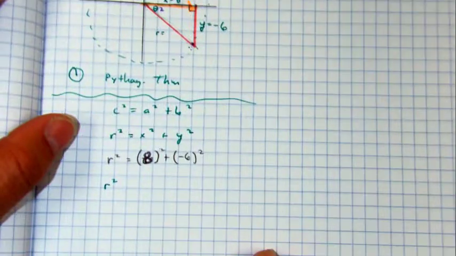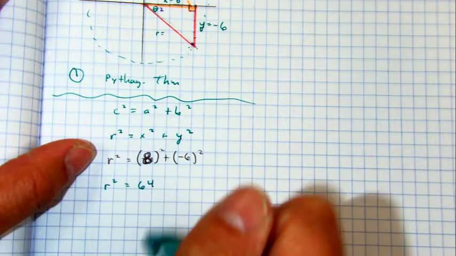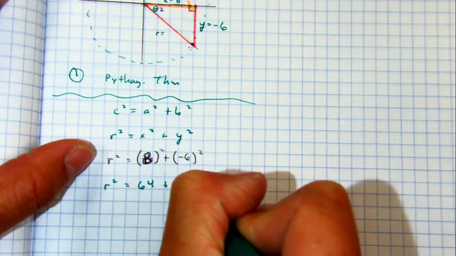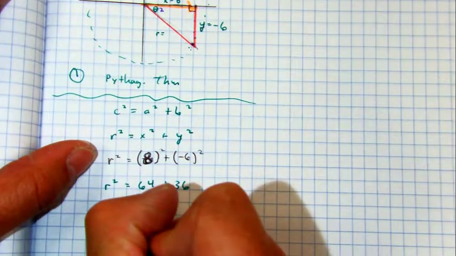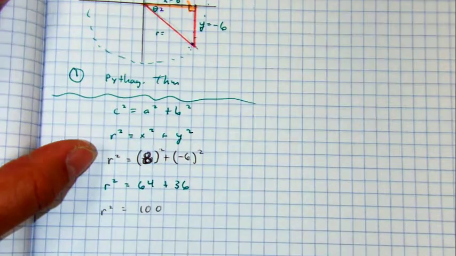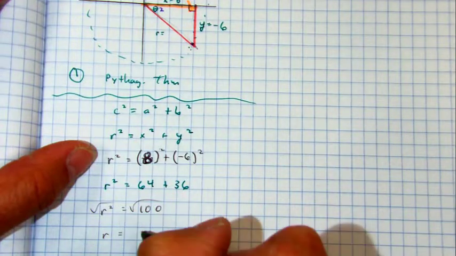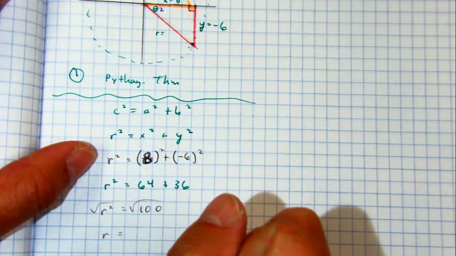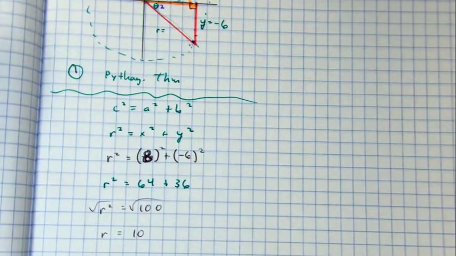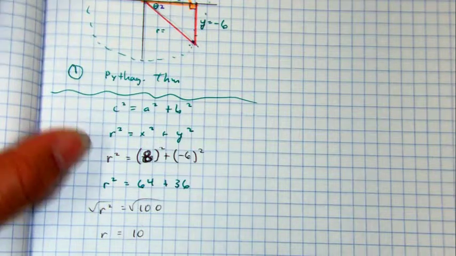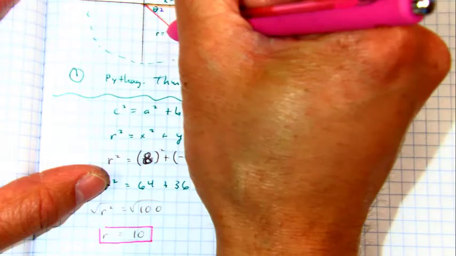Negative 6 squared. Add those together. Take the square root. R is equal to, pay attention, it's both positive and negative 10, yes, algebraically. But remember, we're only taking the positive because radius must be positive. R is equal to 10.